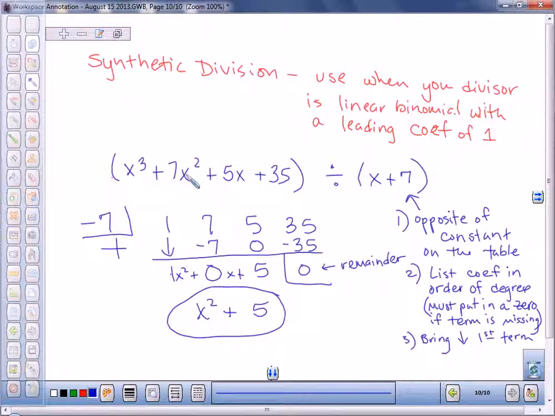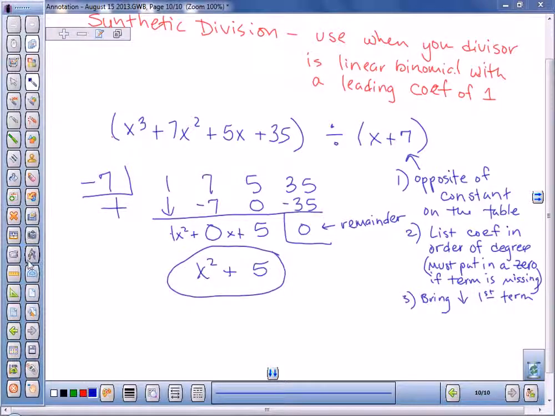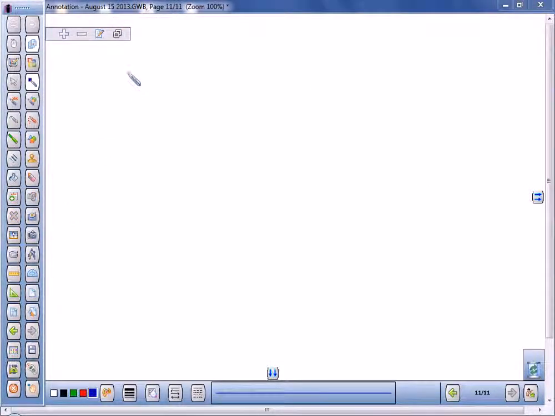Yes. I don't get how you got the negative 7 and 0 and negative 35. Okay, let's do another one then. Let's say we had 3x cubed minus x plus 7, and we wanted to find the quotient when we divide by x plus 3.